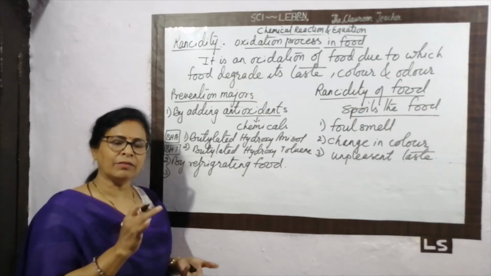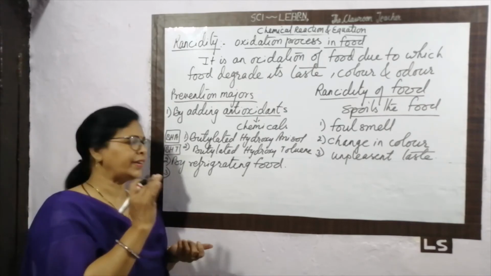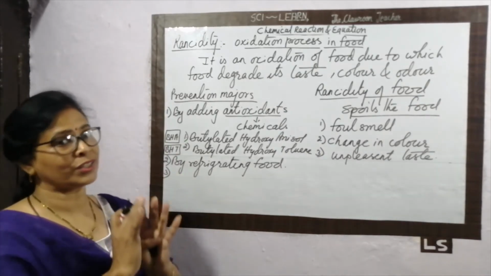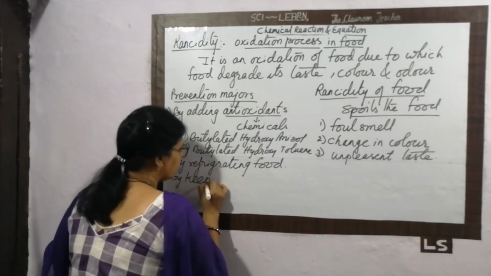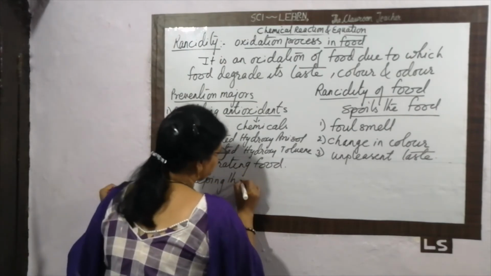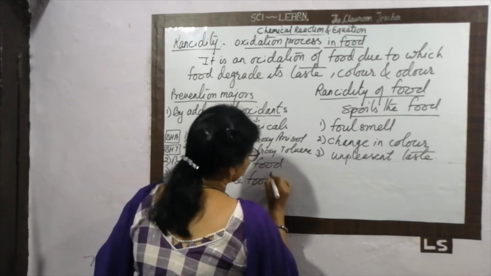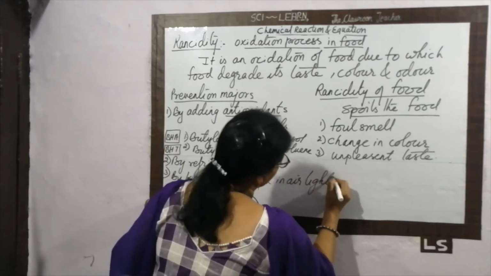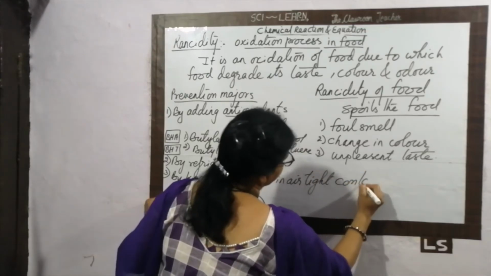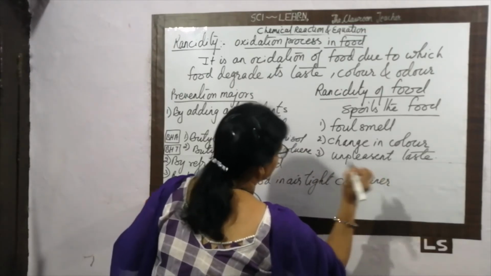All the food material we must keep in an airtight container. In the absence of air, oxidation does not occur. This is the third method.